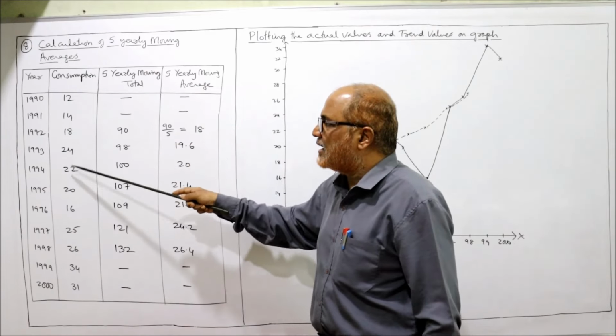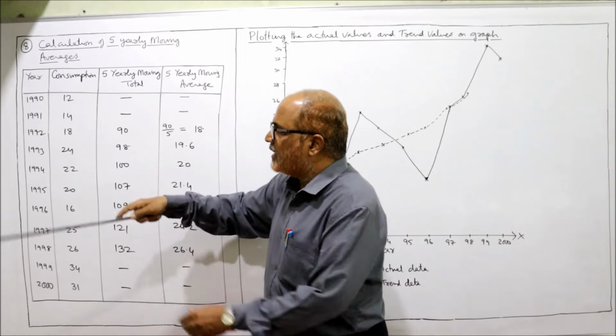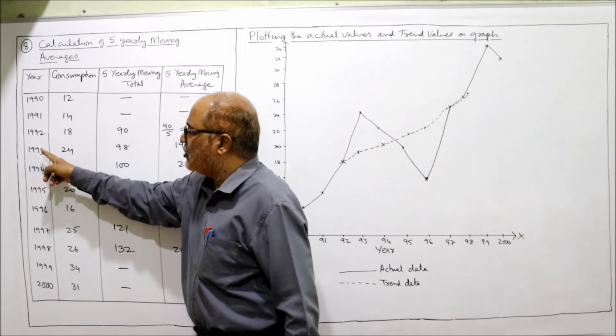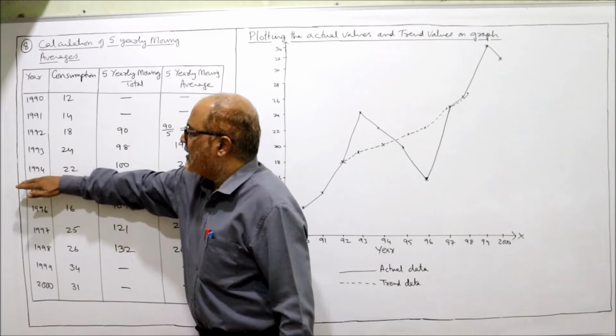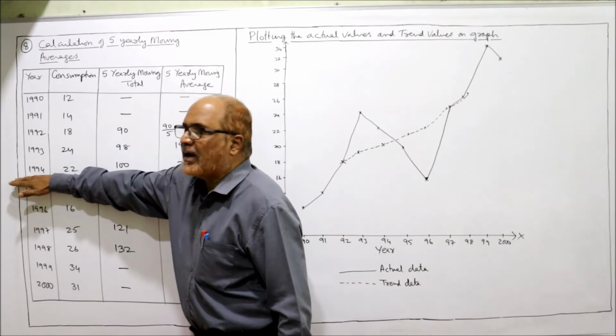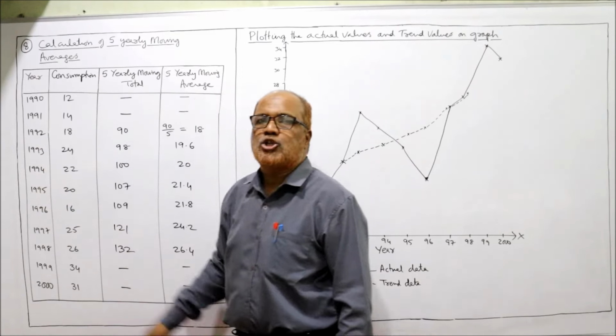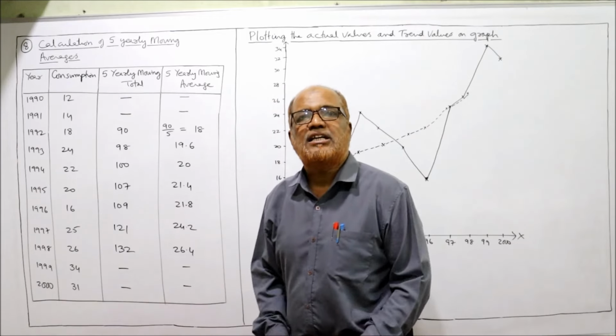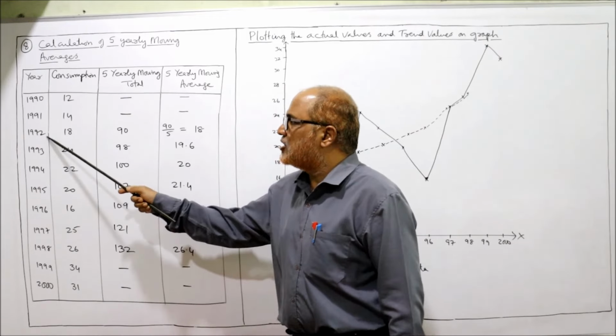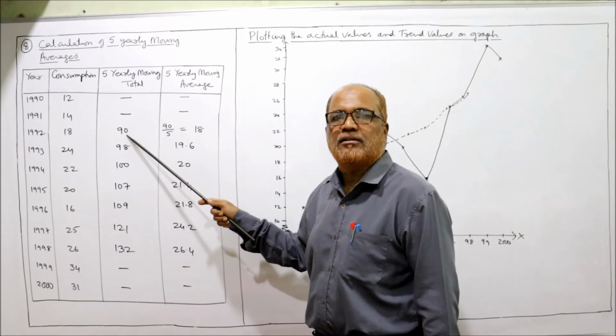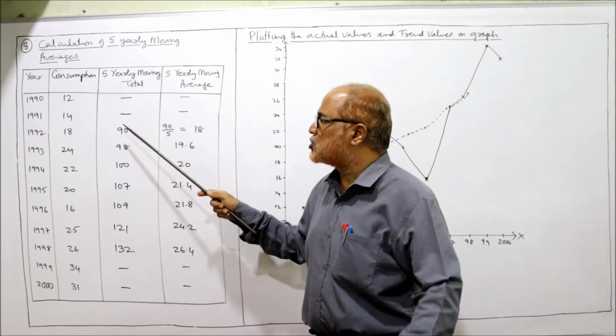This 5 year center is 1992. We are taking 5 years 90, 91, 92, 93, 94, right? These are the 5 years. In these 5 years, the middle year is 1992. So against 1992 we will write 90. That's all. First 5 years total.